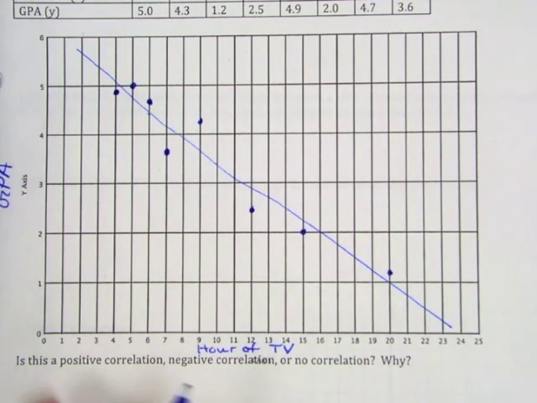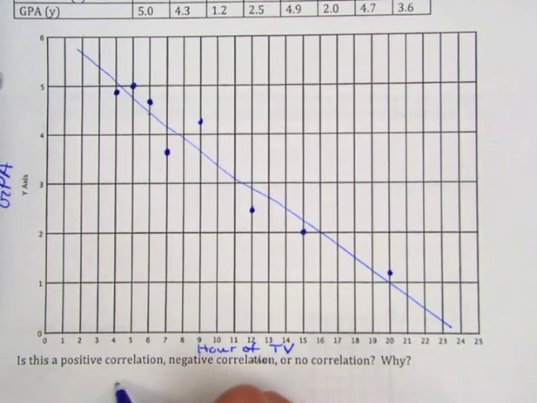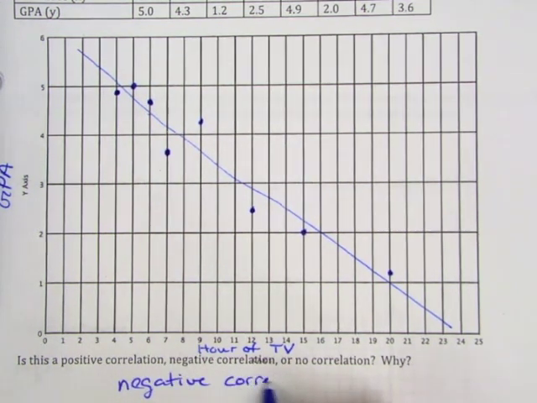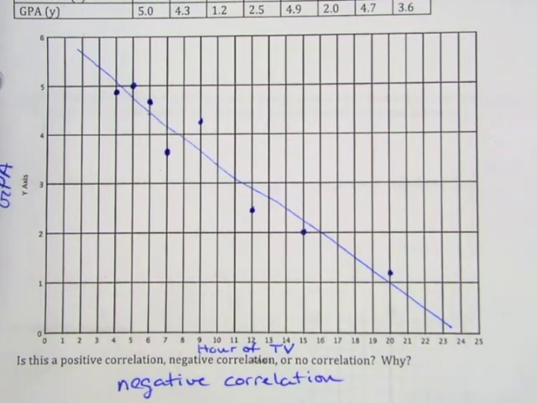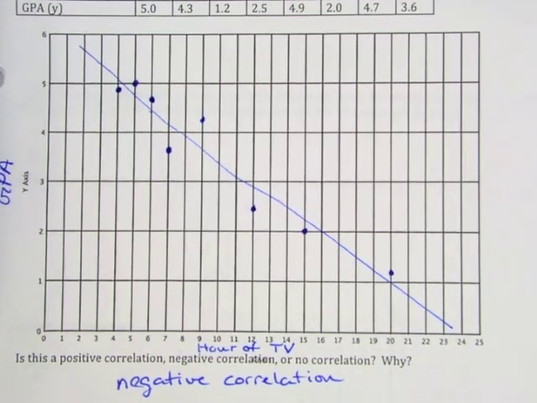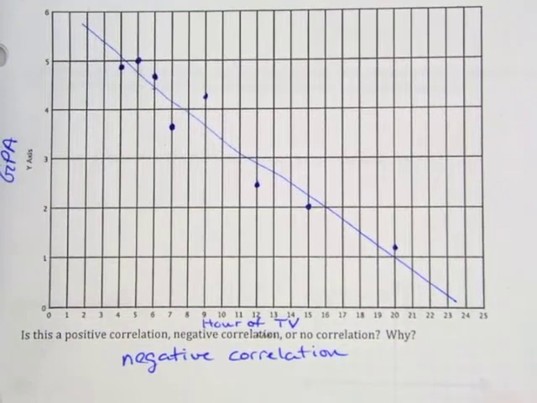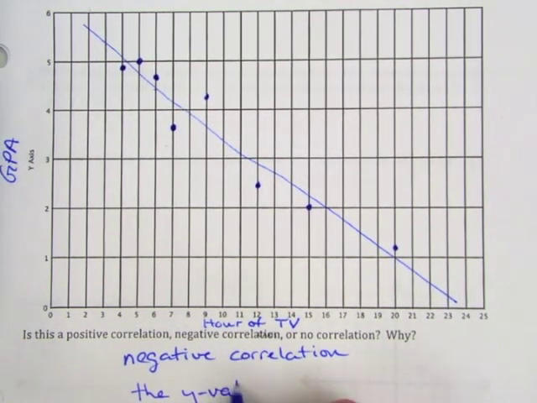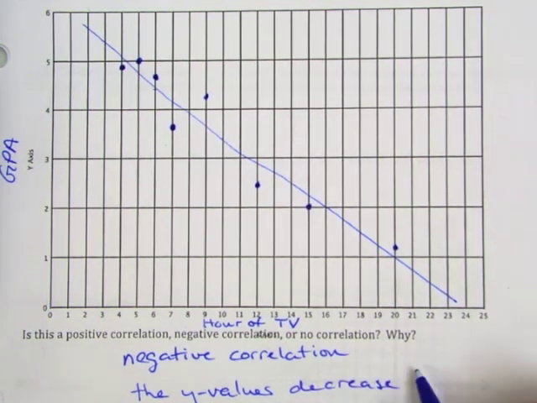I see that as the number of hours of television increase for the week, on an average week, the GPA in general goes down. So looking at this situation, I would say that this has negative correlation. And how we can explain that might simply be the statement saying the y values decrease as the x values increase.